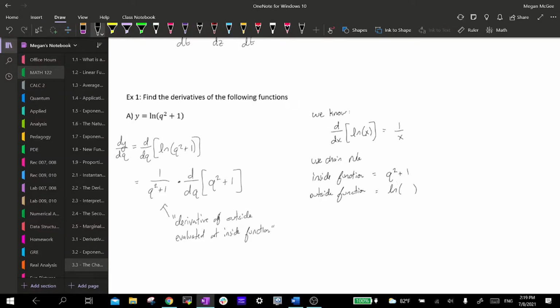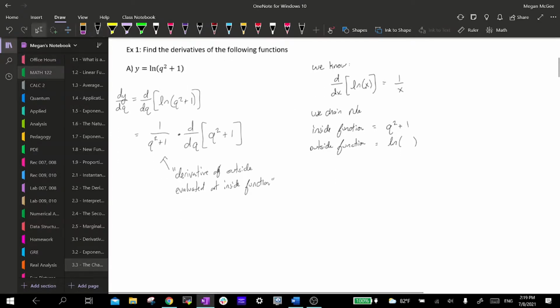In this case, evaluated at q is our q squared plus 1. Okay? And then times the derivative of our inside function. So we have 1 over q squared plus 1 times the derivative of q squared plus 1. Well, we could go ahead and split this up into several different steps, but I think we're ready to look at this one and see it should just be 2 times q, right?